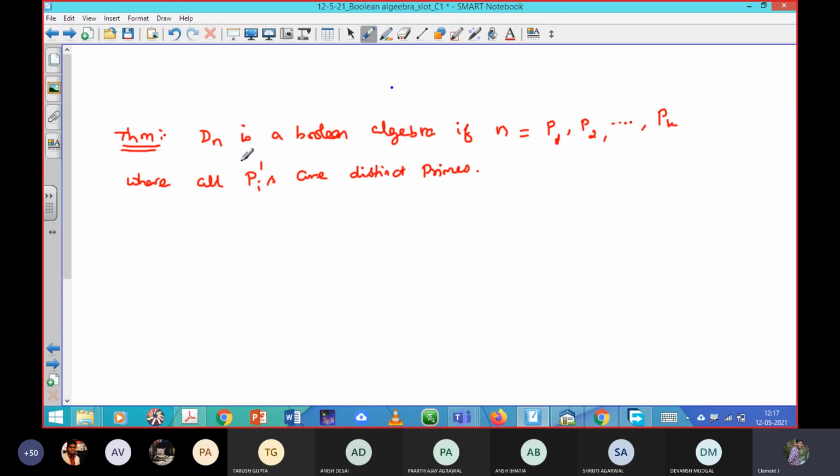See here, Dn is a Boolean algebra, where Dn means divisors of n, and n represents whatever number it may be, in which n can be split as n equal to p1 into p2 up to pk. I'll explain what I am trying to say. Here p1, p2, p3 up to pk, the pi's are in general distinct primes.